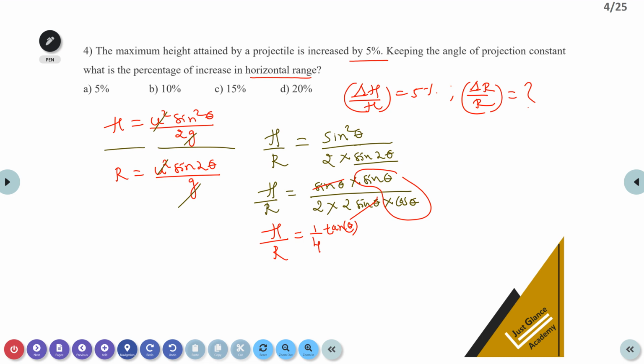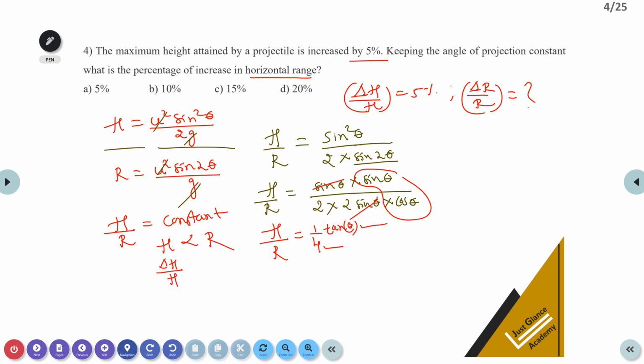Here, students, you see, the angle of projection theta is constant. Theta is constant, 4 is constant. That means h divided by r equal to constant. Or else I can write h is directly proportional to r. Can I write like this? Differentiate.